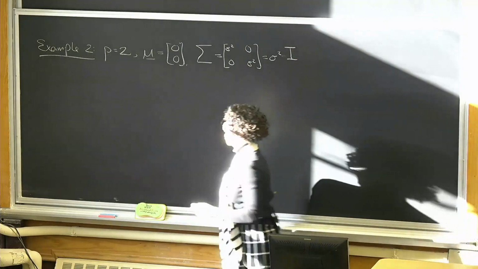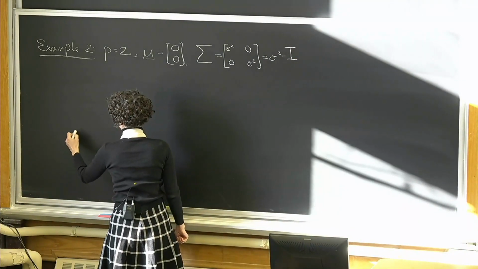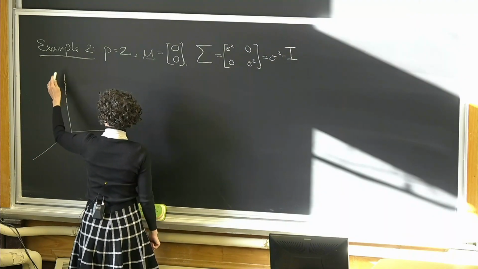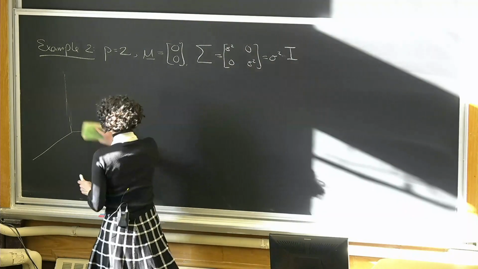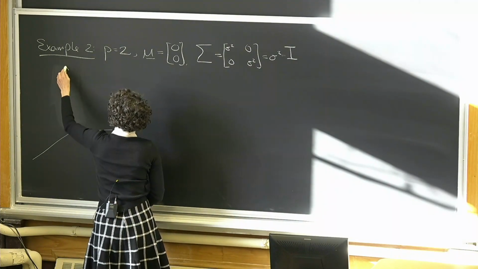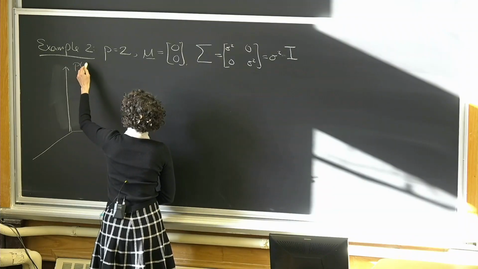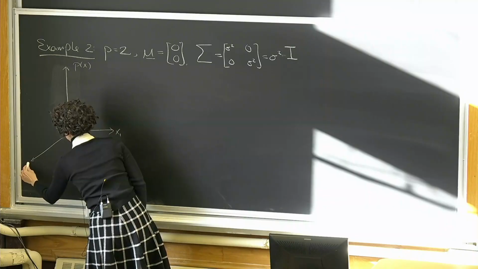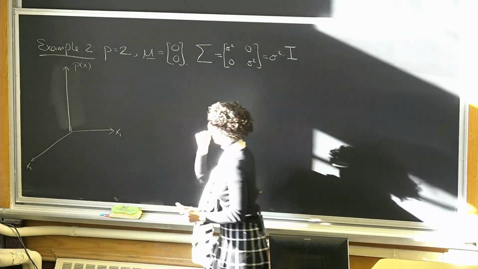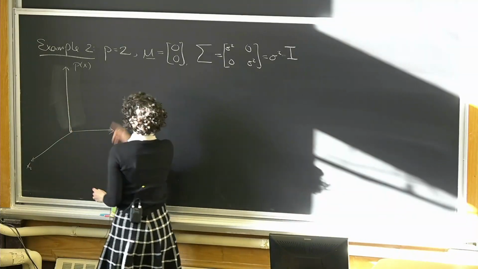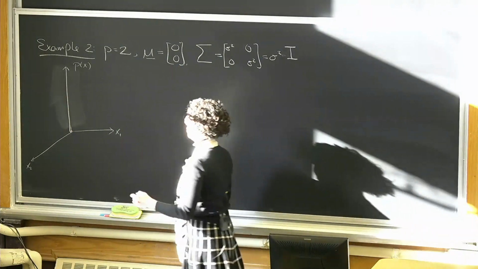Okay, so now if I want to draw this, there are 2 ways I could try to draw it. One is I could have my vertical axis p of x tell me the likelihood or the value of this distribution function. It's going to be centered at 0 again because the mean is 0.